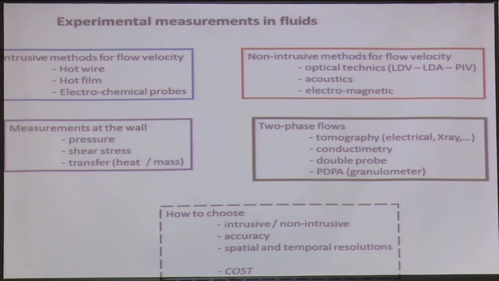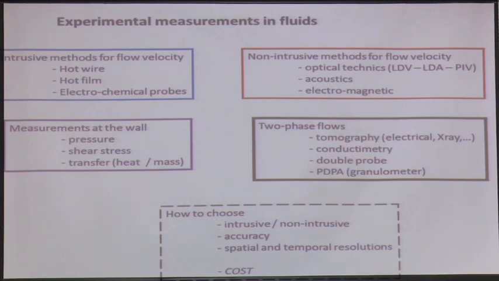So I decided to distinguish intrusive methods, which means that you have to insert the probe inside your device, inside your setup. And of course, the main disadvantage of that is you may perturb the flow, because there is an object inside the flow. So the measurement that you will get maybe is corresponding to a flow which is not the real flow when you don't have the probe.